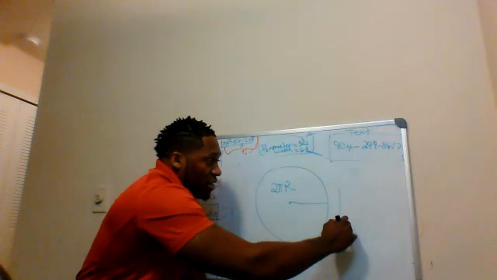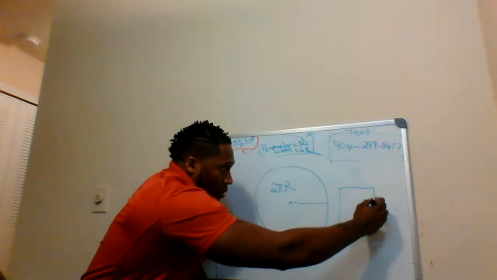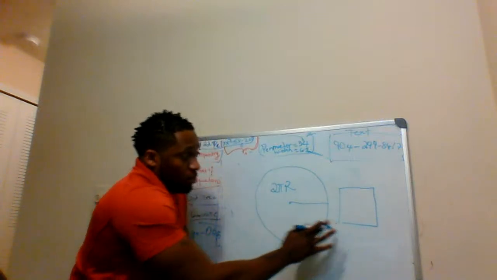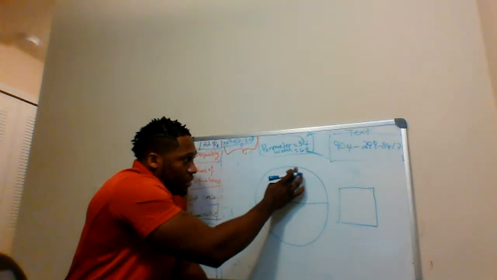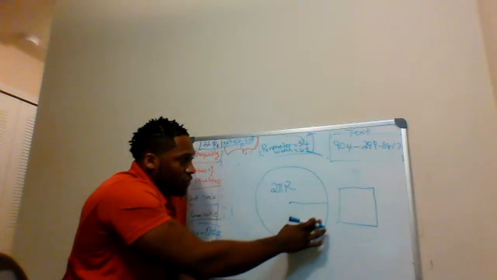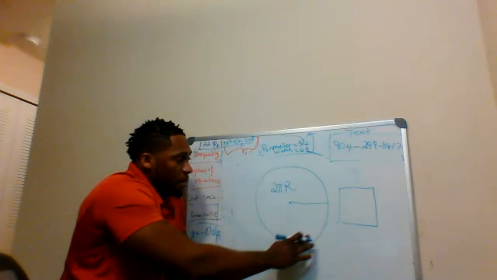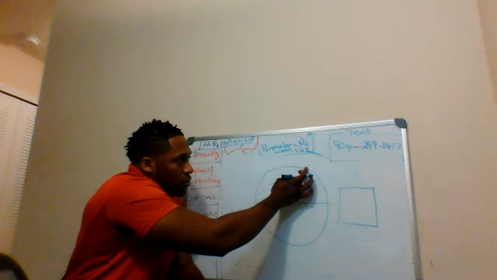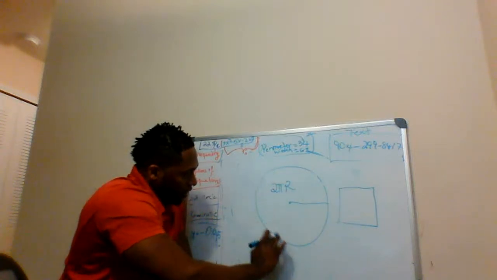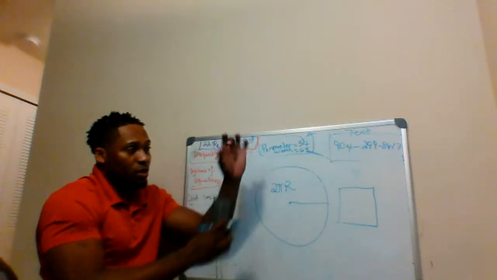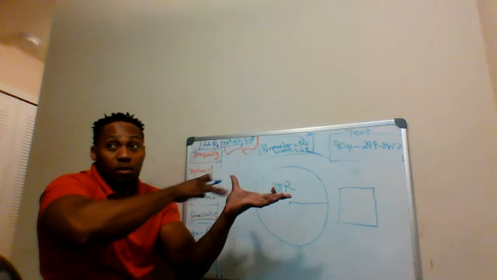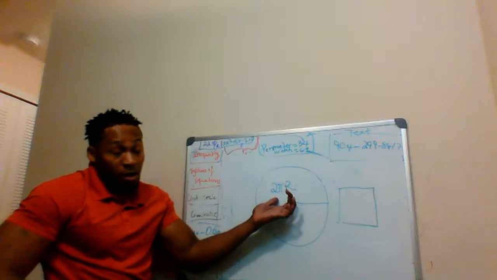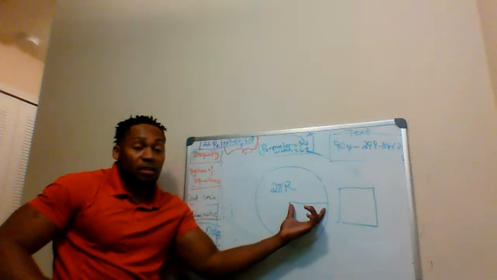But if I have a square, it's a different thing. Perimeter means going all the way around and adding the lengths together. Think about it: if you had a circle and unfolded it, the perimeter gives you the length, 2 pi r, with r being the radius of the circle.